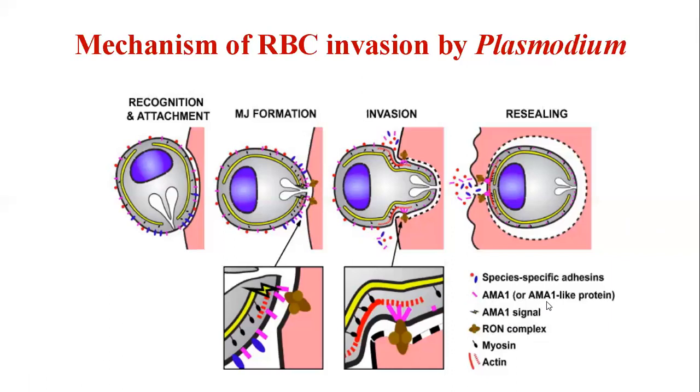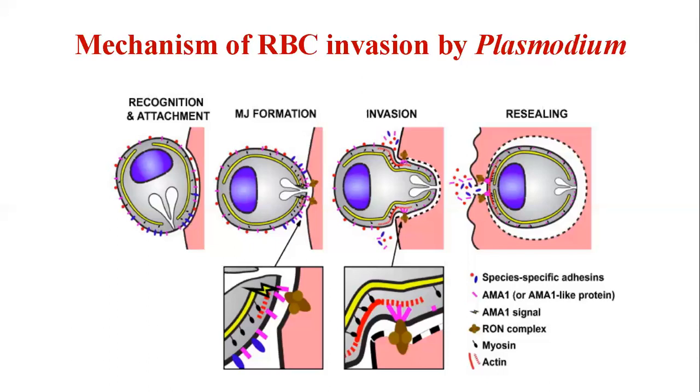They are present at the apical tip. Here you can see this pink colored protein and the signals. These are the two signals you can notice. They are present at the apical tip, and this interaction allows intimate contact between the RBC and the merozoite, which means between the host and the parasite.